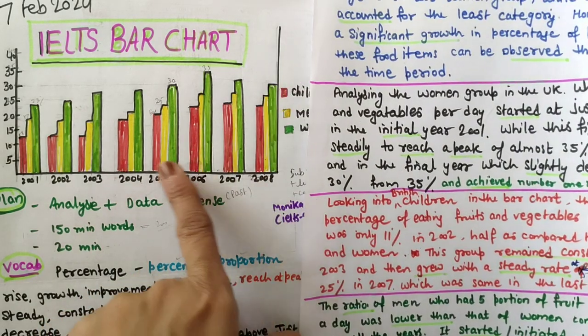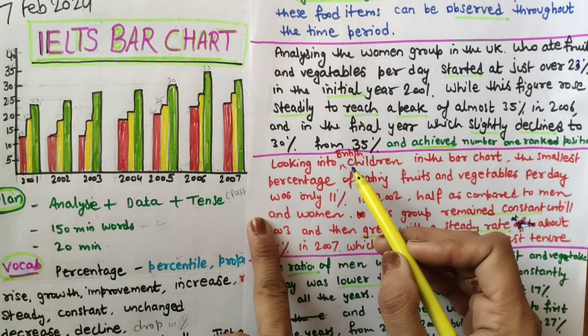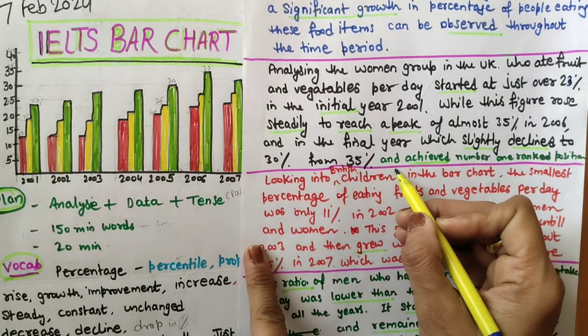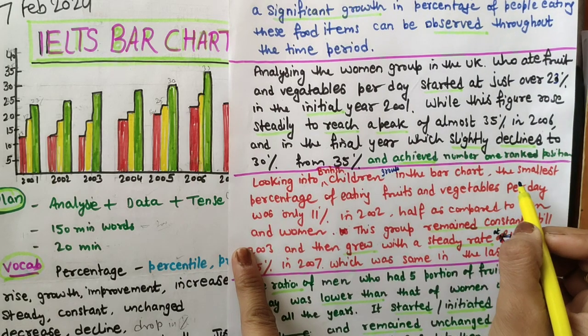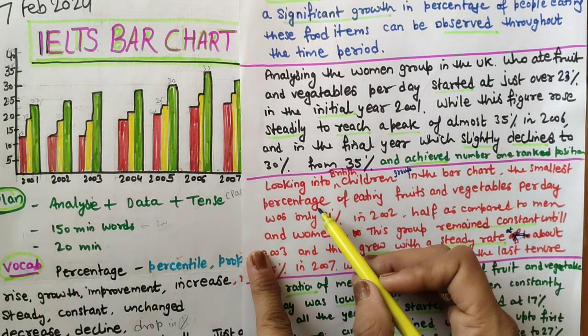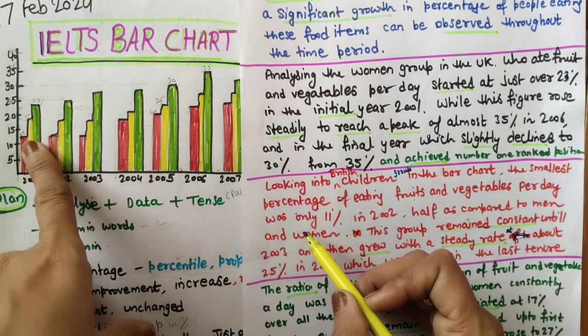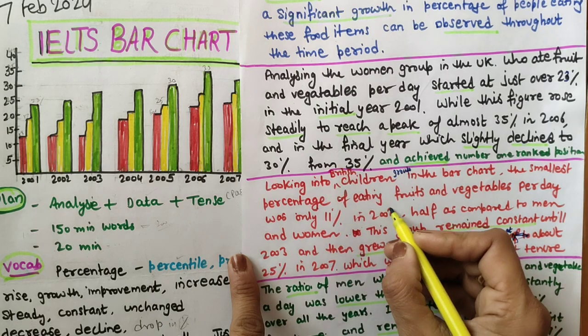Now looking into the children category, the red one. Looking into British children in the bar chart, the smallest percentage of eating fruits and vegetables per day was only 11%.